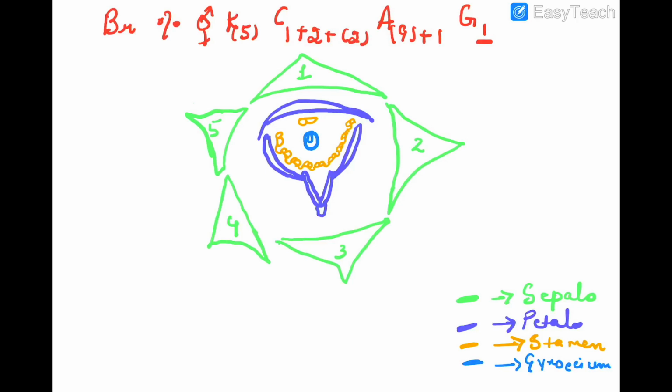Examples of family Fabaceae are grams, arhar, moong, which means all pulses, soybean, etc. It also includes fibers like sunhemp and ornamental flowers like mullathi. Now let us talk about other families.